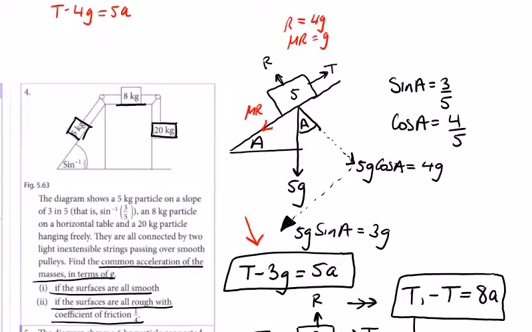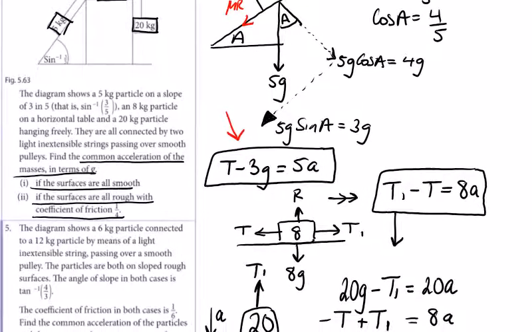With my 8 kilogram mass, I have mu R in this direction. In this case, R is equal to 8g, so mu R is equal to 2g. So I have 2g going in that way, and I have 2g going in that way.